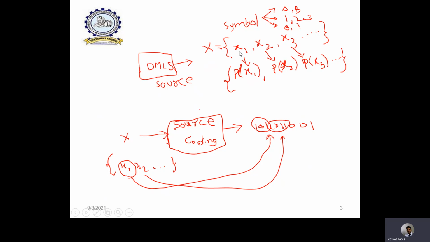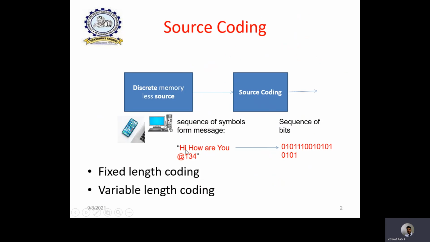If you observe this message and each and every symbol, some symbols are repeating and some are not. For example, H is repeating 2 times, but letter Y is repeating only 1 time. Other symbols like O also repeat 2 times. That means some symbols may occur many times and some may occur only once.